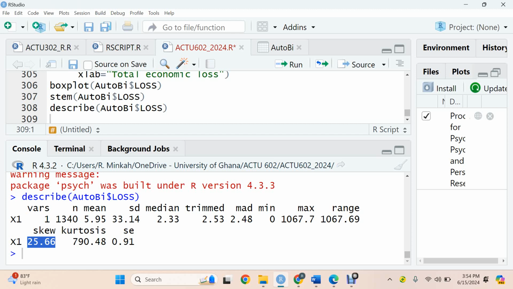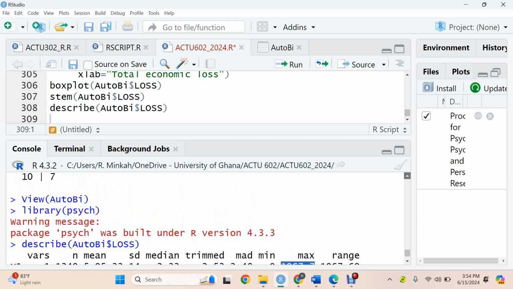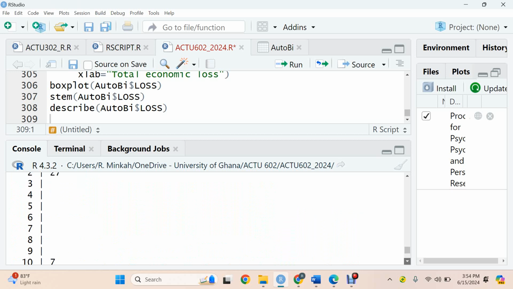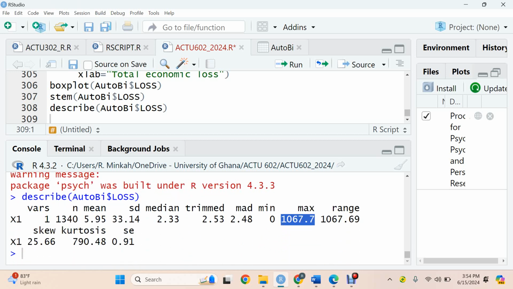What else? The maximum, you see the maximum, it was 107. If you get to the stem and leaf, there was an approximation. The actual value is 1067. So it approximated 10 and then 67, so it rounds it up to 7. But the beauty with the stem and leaf is that we can retrieve all the observations back.